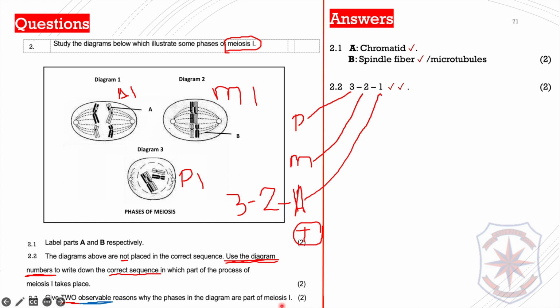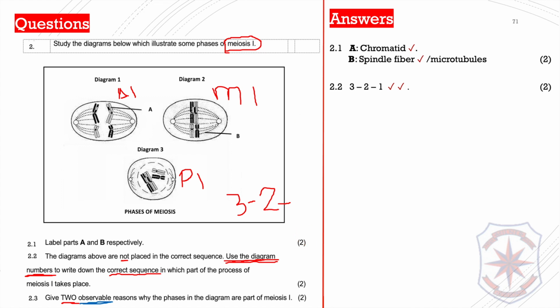What you are required to do is to give 2 reasons that are observable, reasons that are seen in this diagram, to justify or to account for the fact that they are indeed part of meiosis 1. Let us look at the answers.